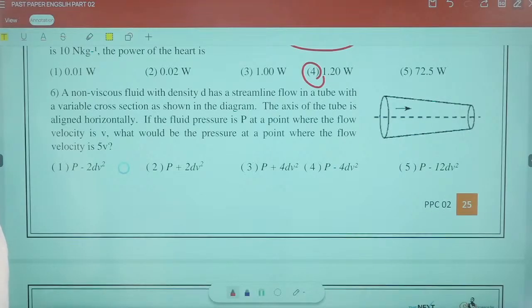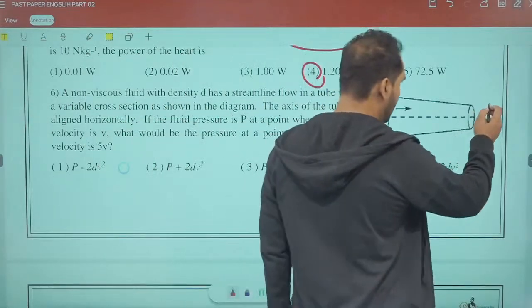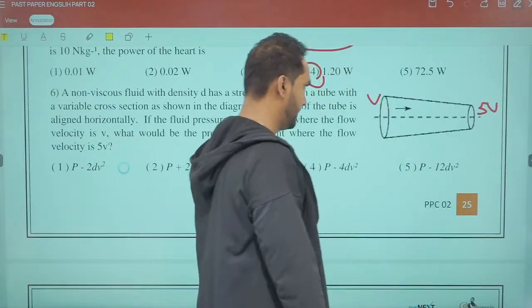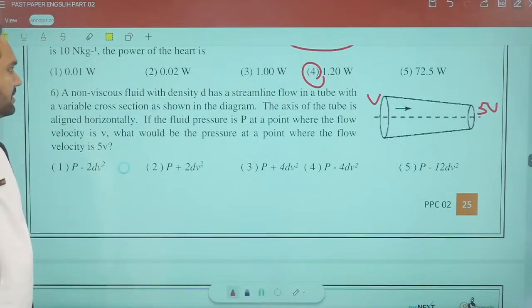If the fluid pressure is P at the point where the flow velocity is V, what would be the pressure at the point where the flow velocity is 5V? So flow velocity 5V should be here because this is narrow. So V should be here, right? And they're asking for the pressure.